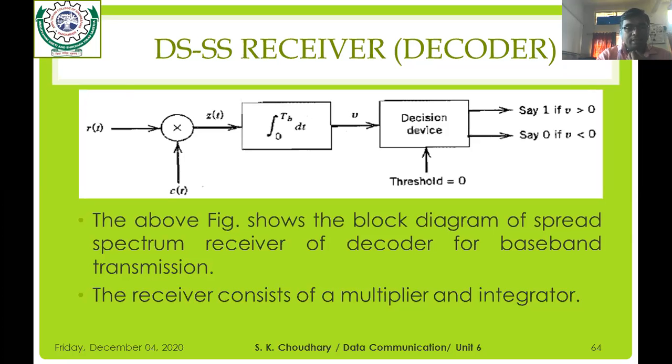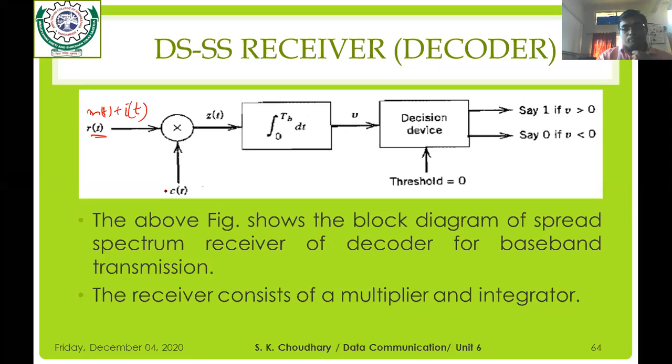The received signal r(t) is the summation of m(t) plus i(t), the interference signal. It is mixed with the locally generated PN sequence c(t) from the local PN code generator to generate the signal z(t), a product of r(t) and c(t).